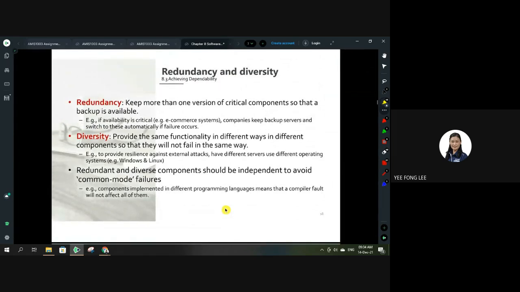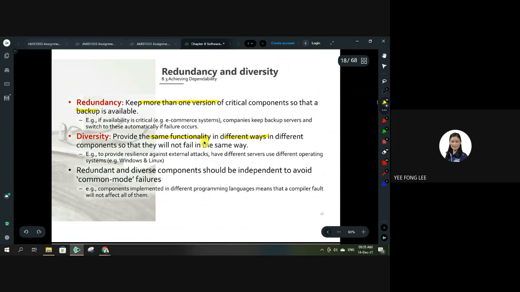Two approaches here. Look at the definitions of redundancy and diversity. Redundancy means keeping more than one version, something like a backup.